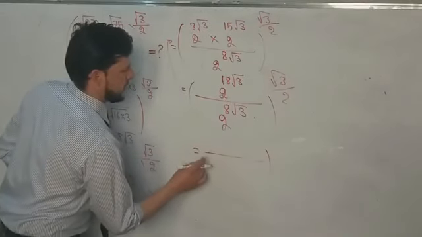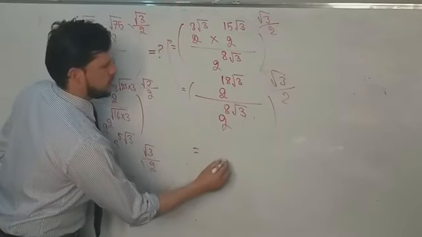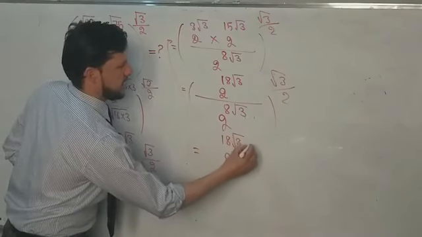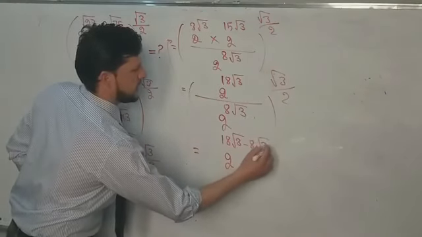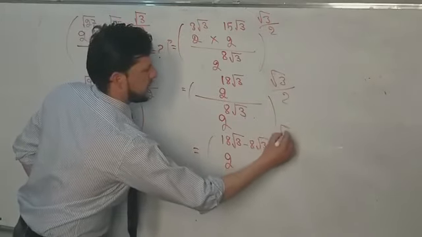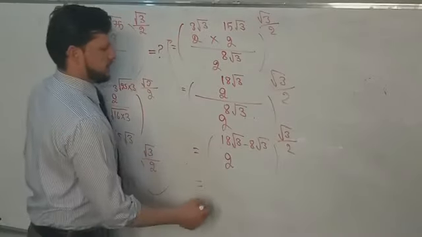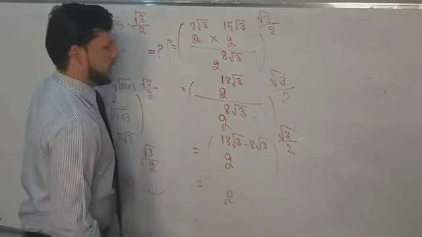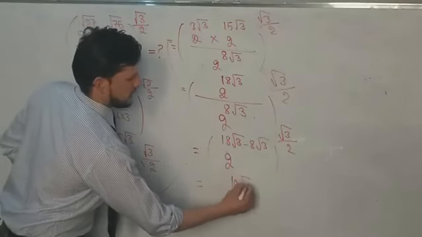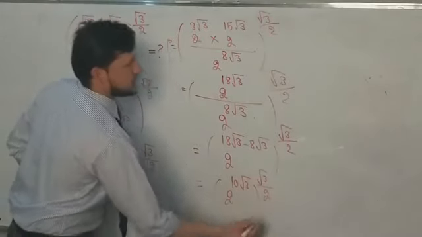You write 2 to the power of 18 square root of 3 minus 8 square root of 3, all to the power of this. So for now, let's find the subtraction. It will be equal to 2 to the power of 10 square root of 3, all to the power of this.